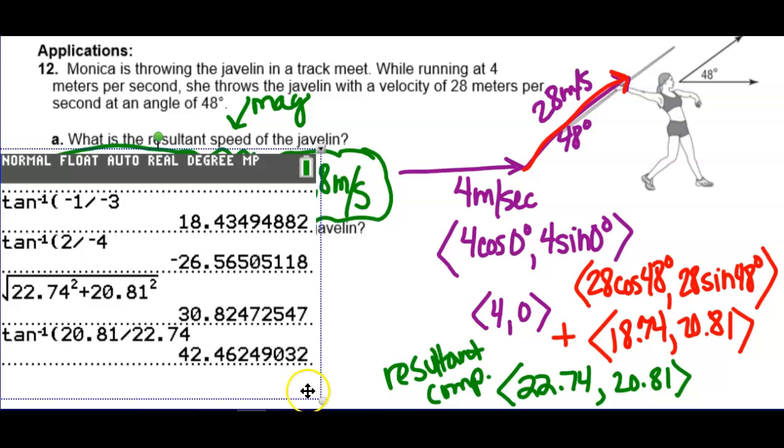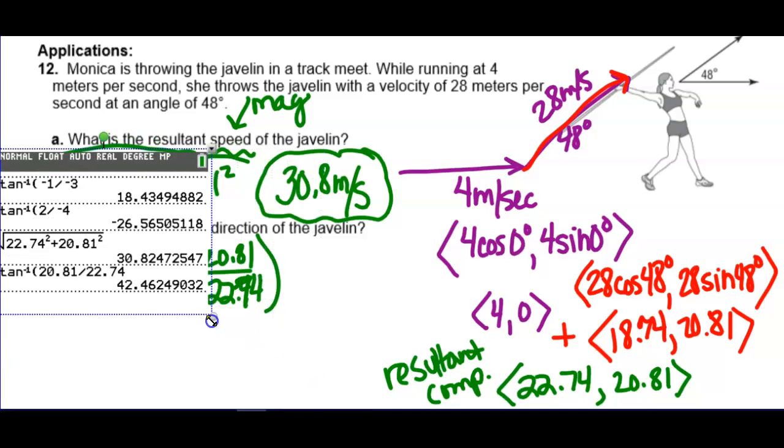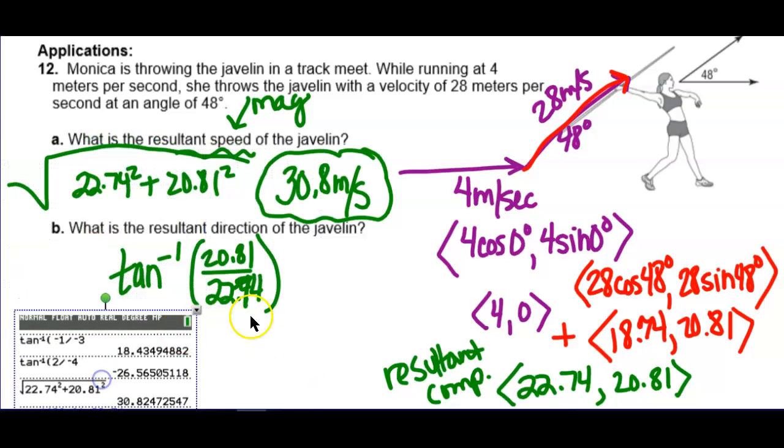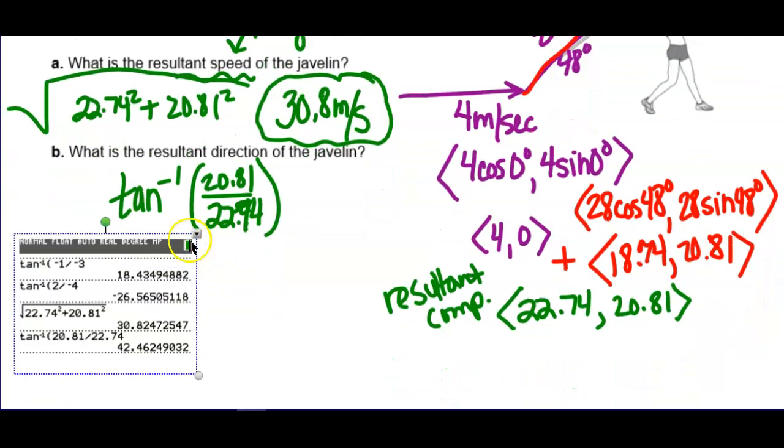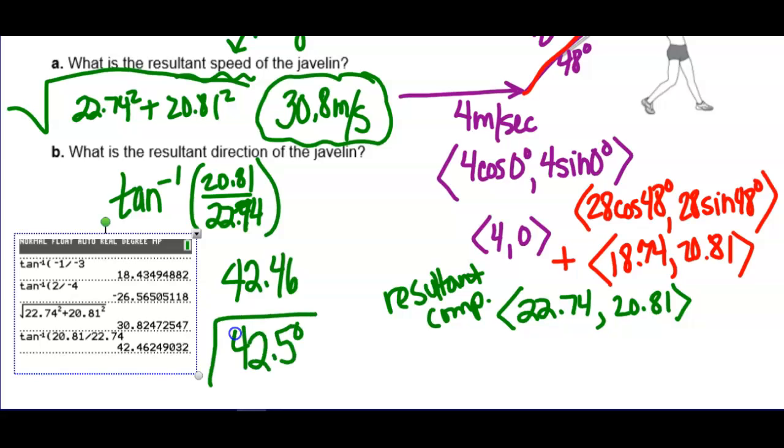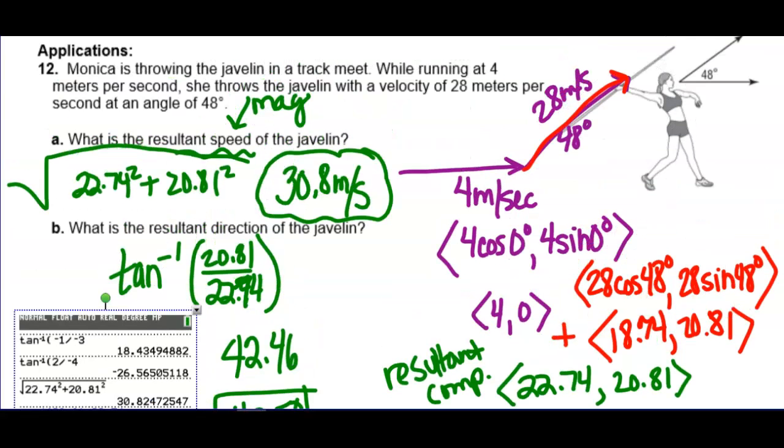Put this on here so that you can see what I typed. All right, and we had her going forward and to the right. So this is a quadrant 1 angle, so it's just 42.46 or 42.5 degrees. That is going to be the direction off the positive x-axis for the javelin.